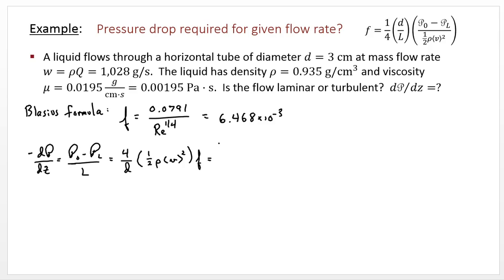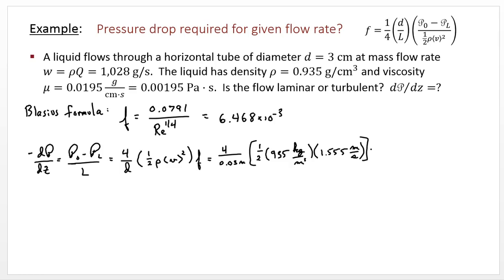And so now we simply substitute values. We have 4 divided by 0.03 meters, multiplied now by 1/2 times the density, which was 935 kilograms per cubic meter. And then we multiply by the mean velocity that we found on the previous slide, 1.555 meters per second.